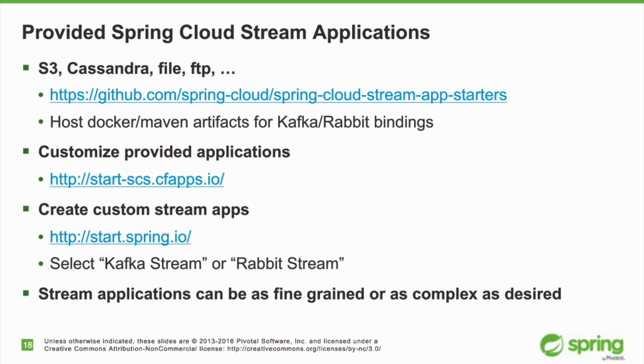Similarly, you don't have to use any of the stuff that we provided out of the box. You can create a stream application right from the start, just going to the Start Spring.io page and selecting Kafka Stream or Rabbit Stream. And what this lets you do is you can have applications that are as fine-grained or as complex as you need. So if you have the Cassandra writer, for example, suppose you want to do some transformation before writing the data into Cassandra.